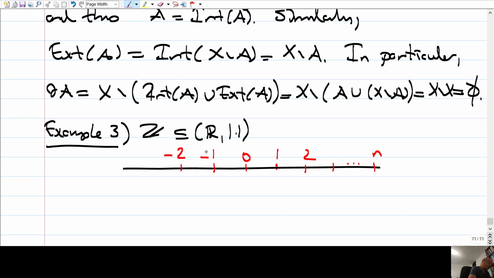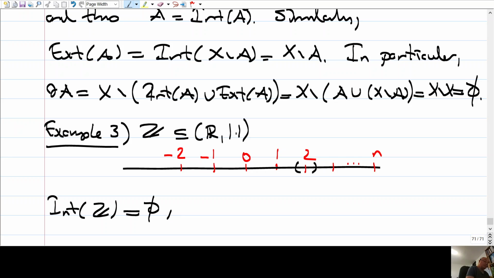Is there any interior point? Well, any ball around any integer will not be contained in this set of integers, because if you draw a ball, this ball will certainly contain points outside the integers. Therefore, no point of the integers is an interior point. In particular, the interior of Z is the empty set.